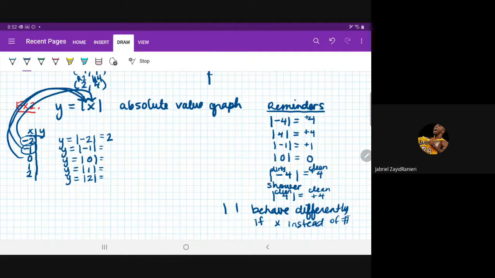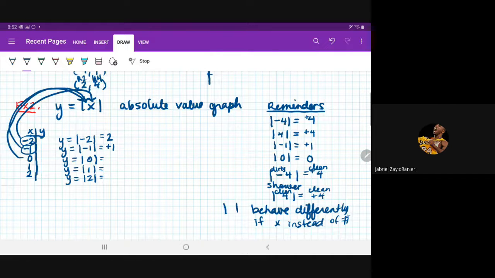So Zyla, I just need an answer. What's the absolute value of -1? So, perfect. Positive one. Yep.